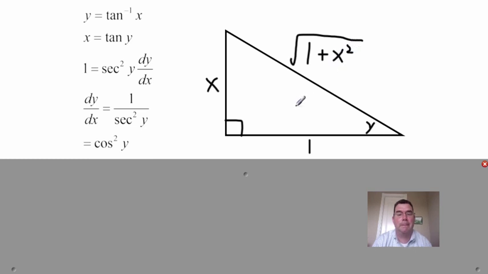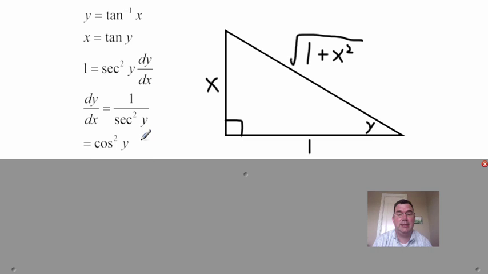So what does that mean? That means that the derivative is the cosine of this angle, which is the adjacent over the hypotenuse, but all of that is being squared.